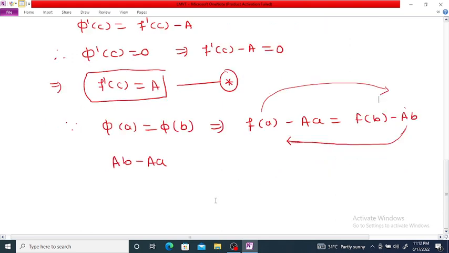So if we simplify this, it is equal to f of b minus f of a. Now if we take a outside, b minus a is equal to f of b minus f of a.